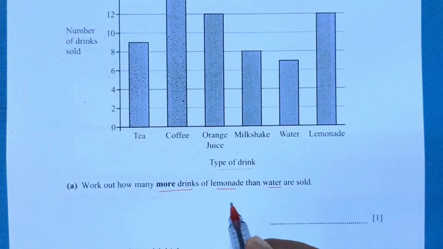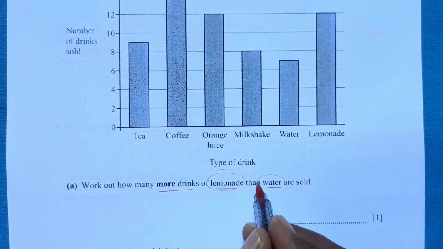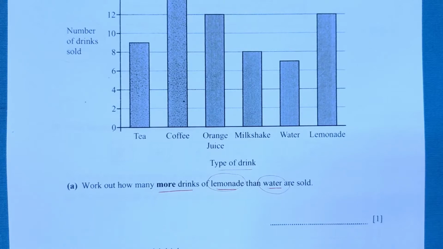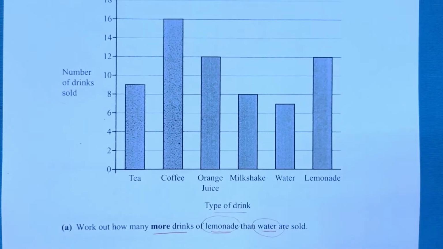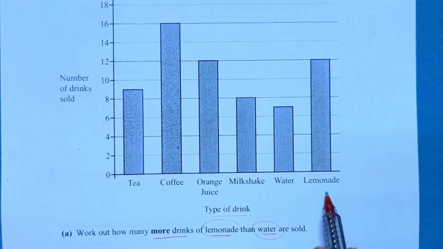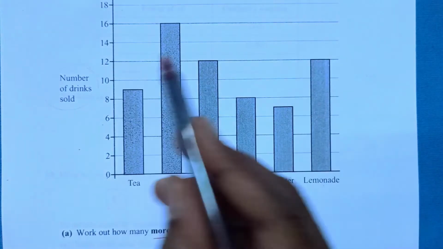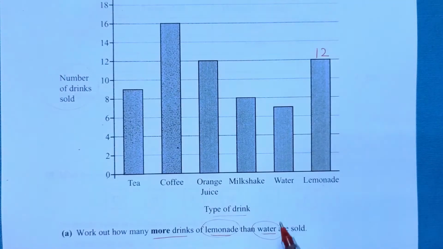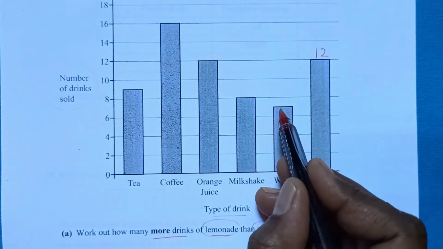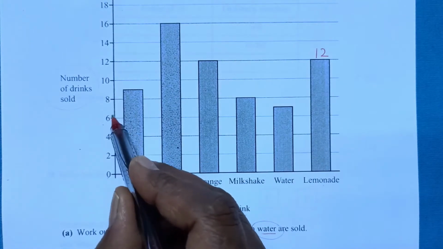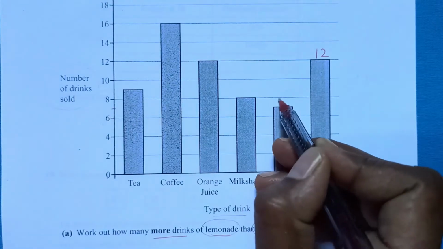That means we are going to compare lemonade and water. On the graph, the bar of the lemonade is 12, and water is between 6 and 8, so that means this will be 7.